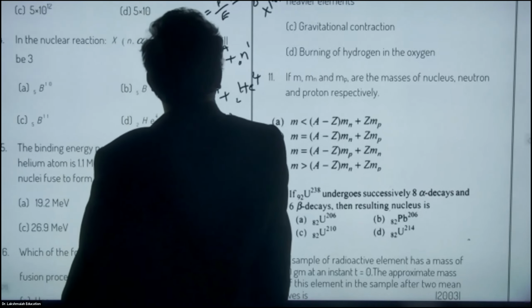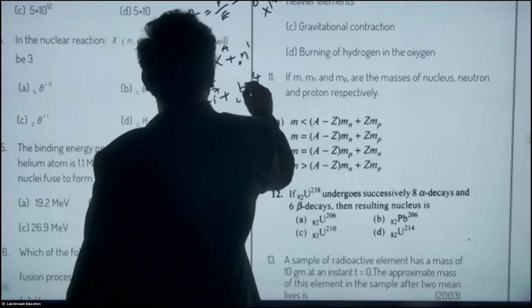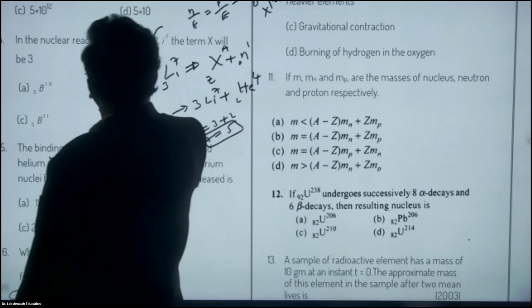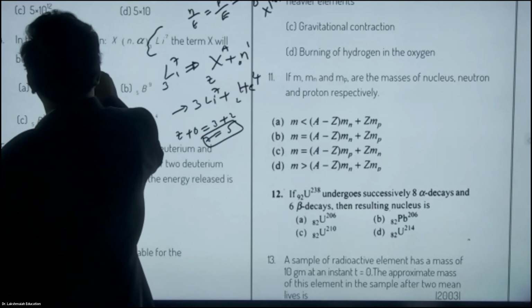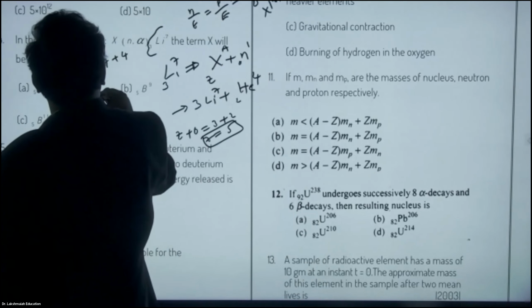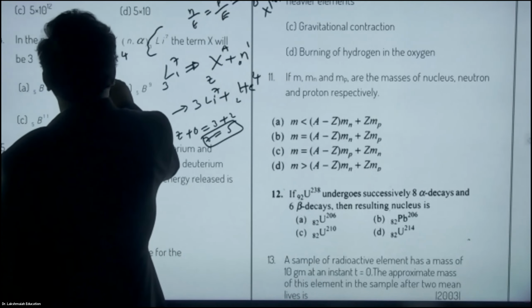And A: 7 plus 4 is equal to A plus 1. So A plus 1 is equal to 7 plus 4. A is equal to 11 minus 1, that is 10.